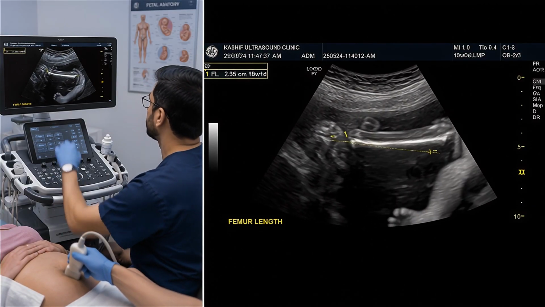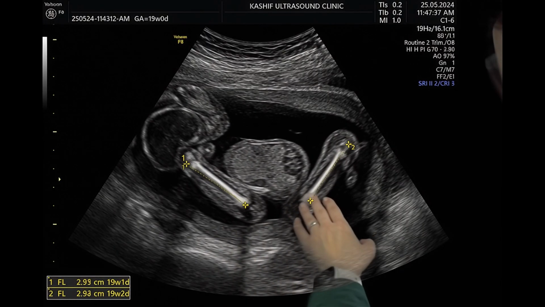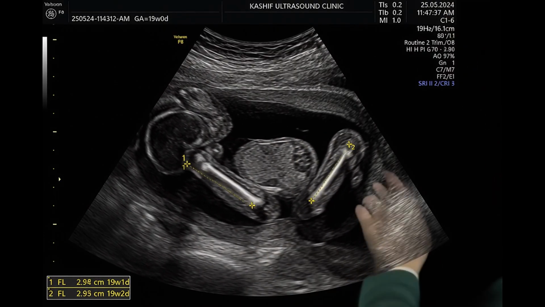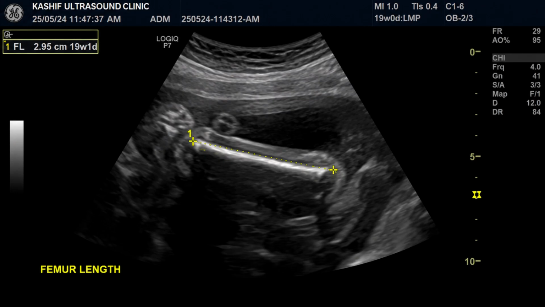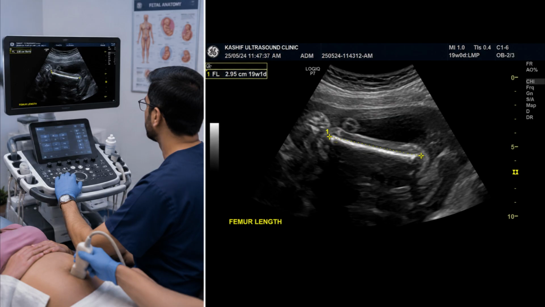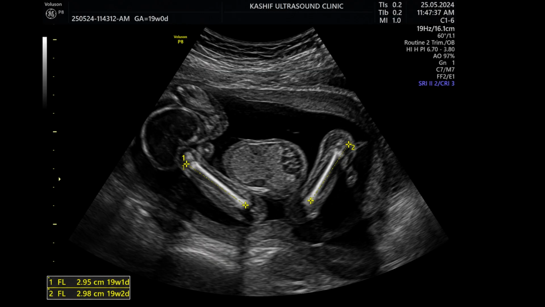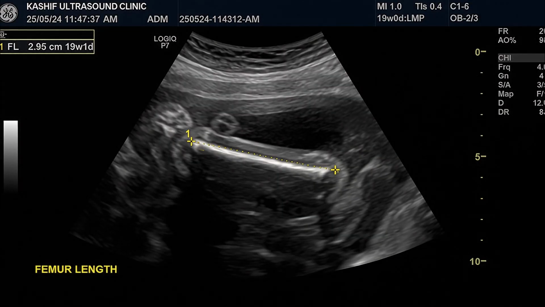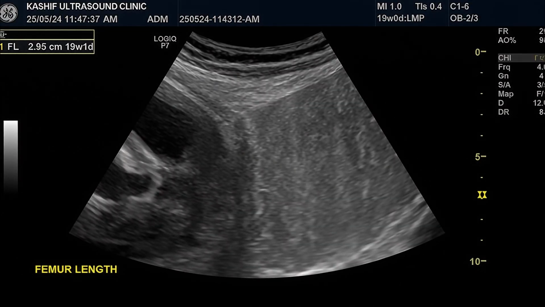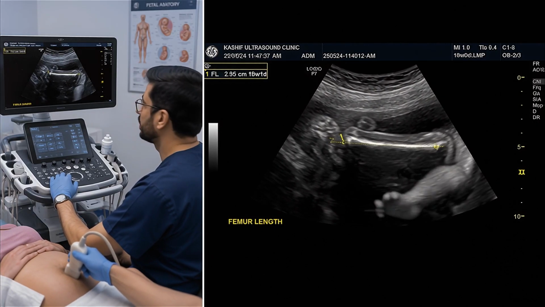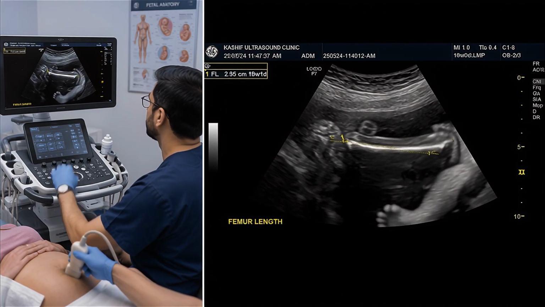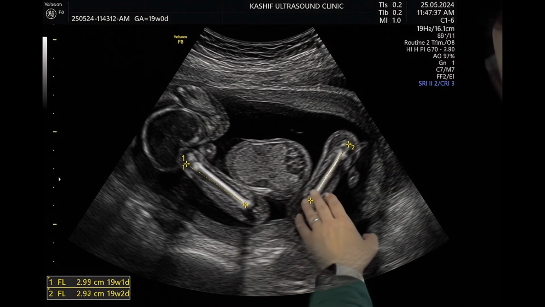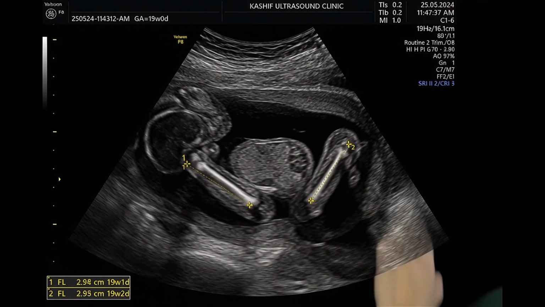Gestational age with FL. 14 weeks equals 16 mm, 16 weeks equals 23 mm, 18 weeks equals 29 mm, 20 weeks equals 33 mm, 22 weeks equals 38 mm, 24 weeks equals 43 mm, 26 weeks equals 48 mm, 28 weeks equals 53 mm, 30 weeks equals 57 mm, 32 weeks equals 61 mm, 34 weeks equals 65 mm, 36 weeks equals 69 mm, 38 weeks equals 72 mm, 40 weeks equals 74 to 78 mm. Values vary slightly with different reference charts.